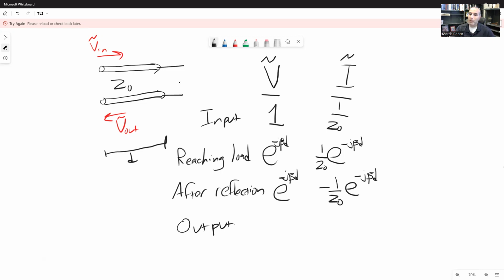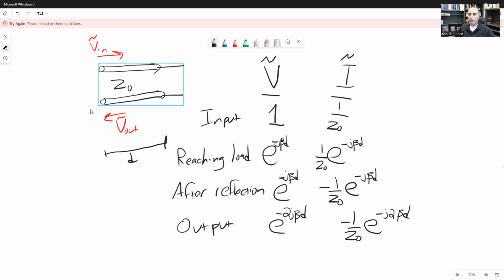And so those two negatives cancel. And so we end up with an e to the minus 2j beta d. And for the current, it's minus 1 over Z0 times e to the minus j times 2 beta d.